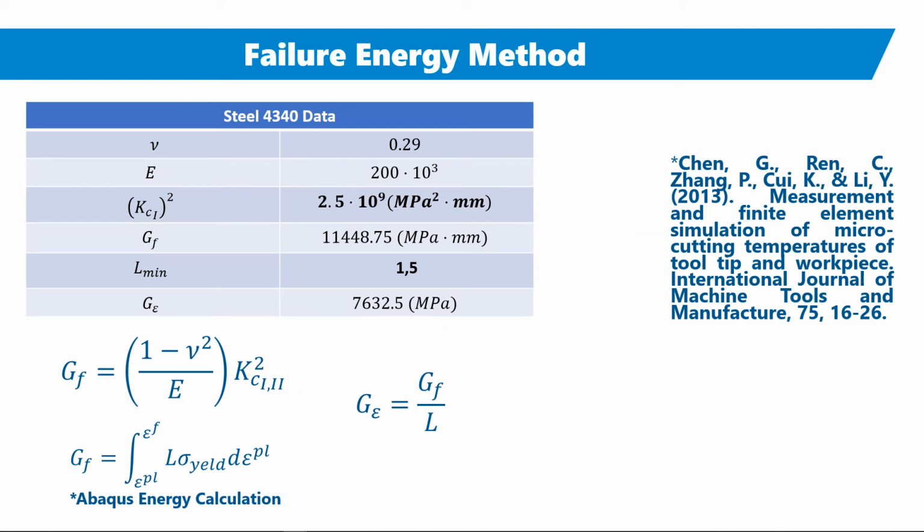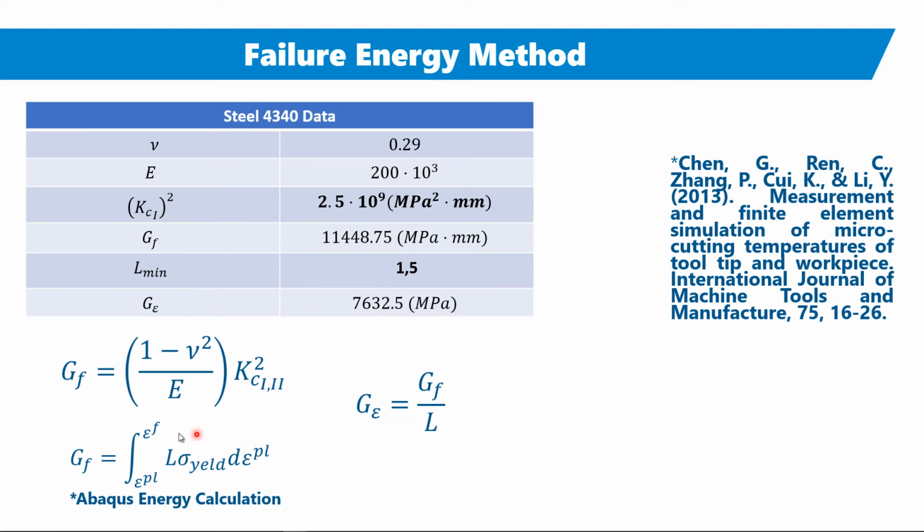In order to illustrate what I want to explain to you, I prepared this slide. What I have here is the failure energy method in order to compute the element failure. Abaqus calculates the energy by this formula.